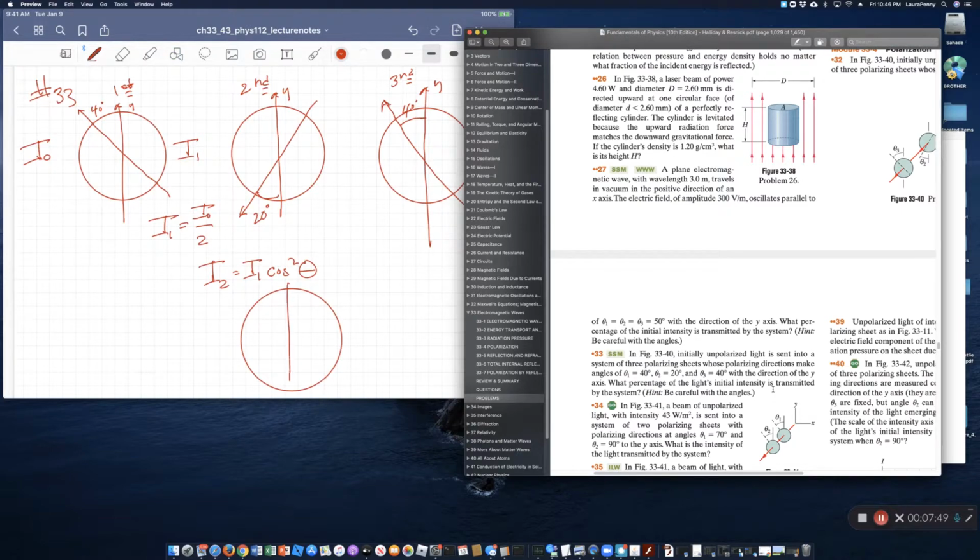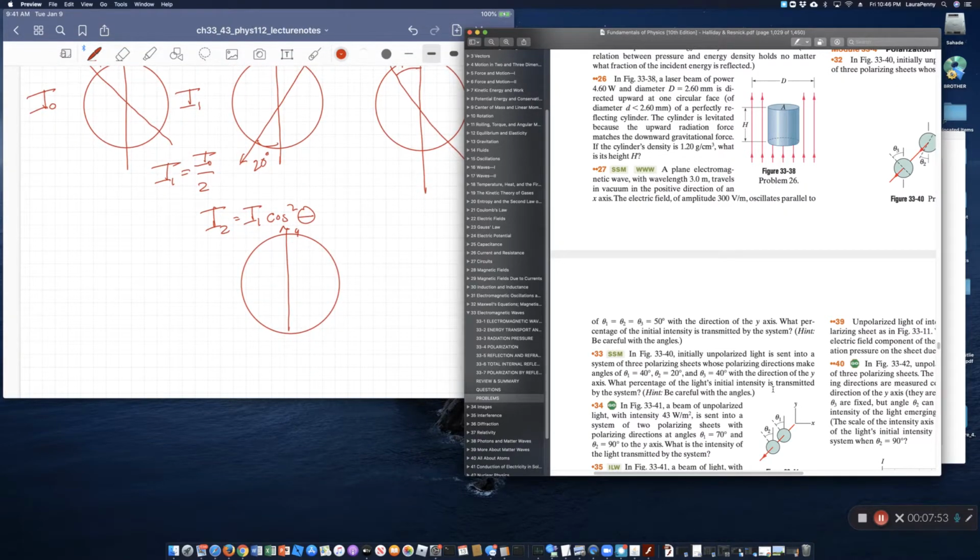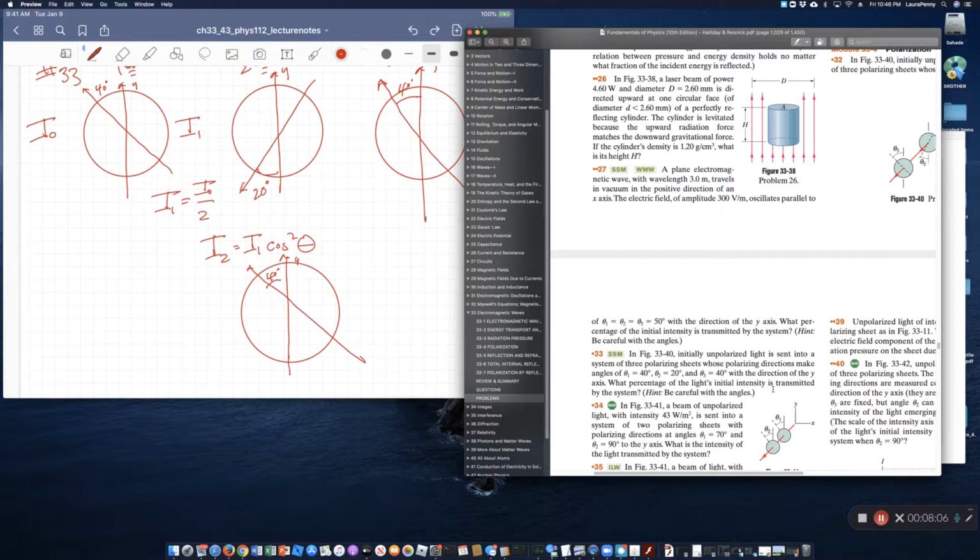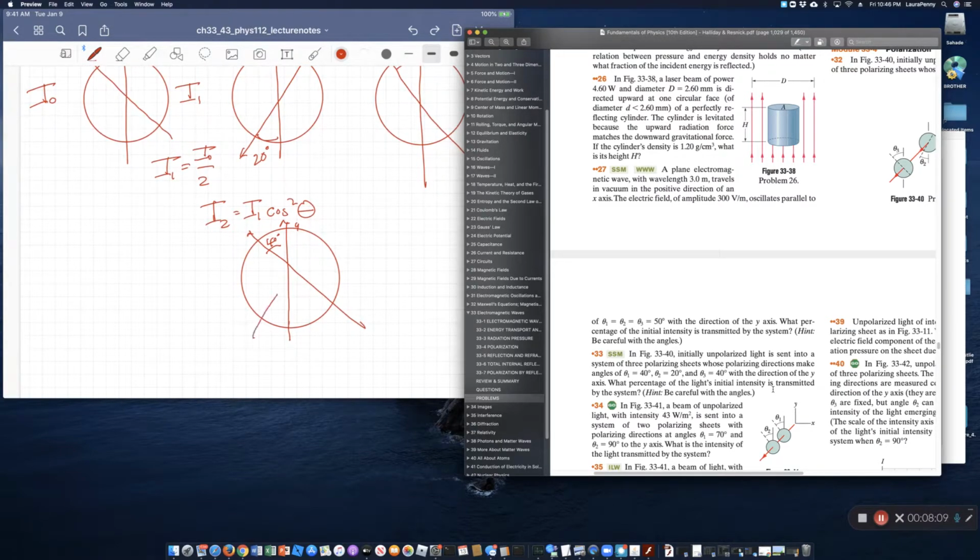So here's y. Our first polarizer is here, where this is 40 degrees. And the second polarizer is more down here, where this is 20 degrees. So what we want is this angle, that's the angle that we want here.